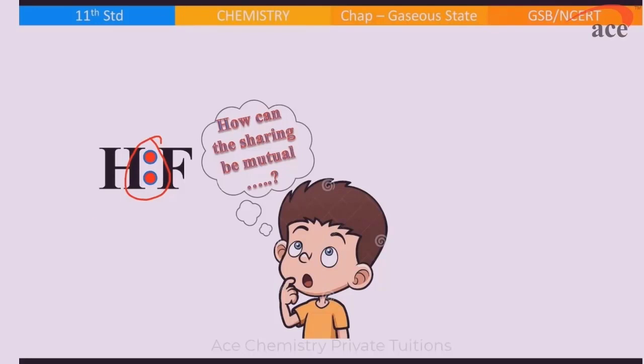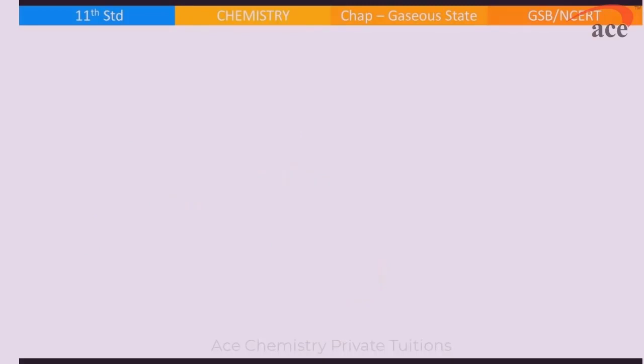So H says my atomic number is 1; if I share and get one more from fluorine, my duplet will be complete. Same thing fluorine says. How many electrons do I have in my outermost shell? 7. So if I share 1 with hydrogen, my octet will be completed. Agree?